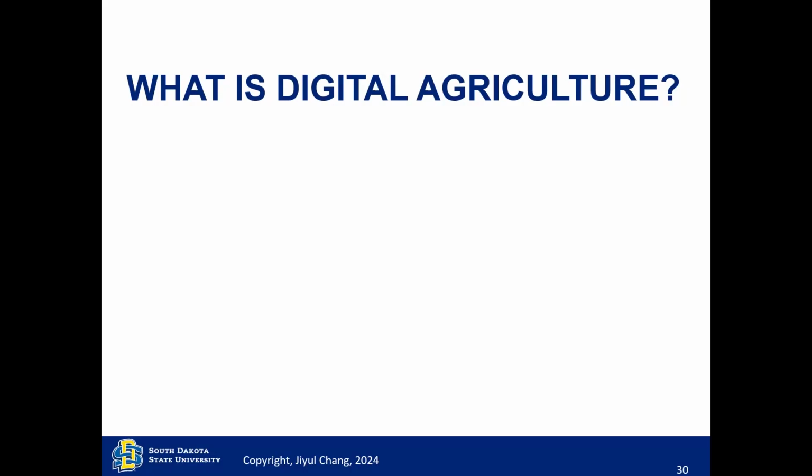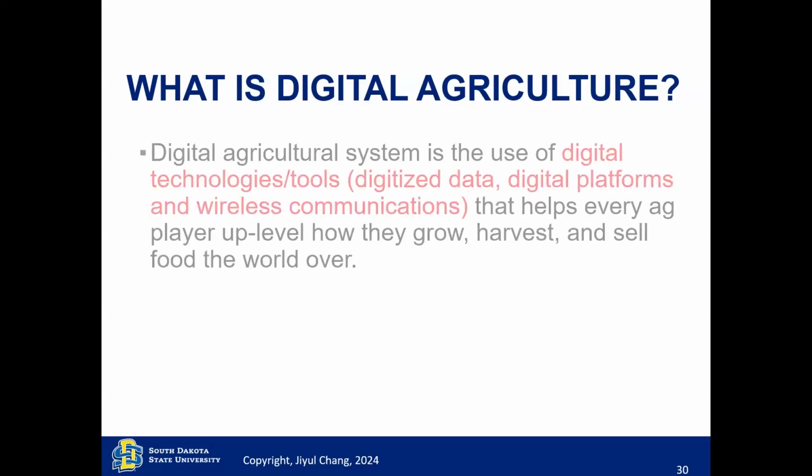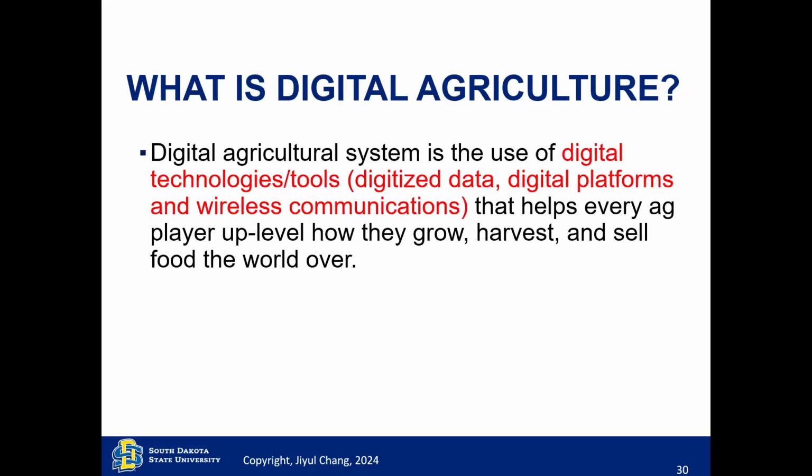I would like to talk about digital agriculture. Digital agriculture is a new term in the last few years because we are living in the digital era, so everything is going digital. But what is digital agriculture? That is using digital technologies or tools in the agriculture system. Especially digitized data, digital platforms, and wireless communications.